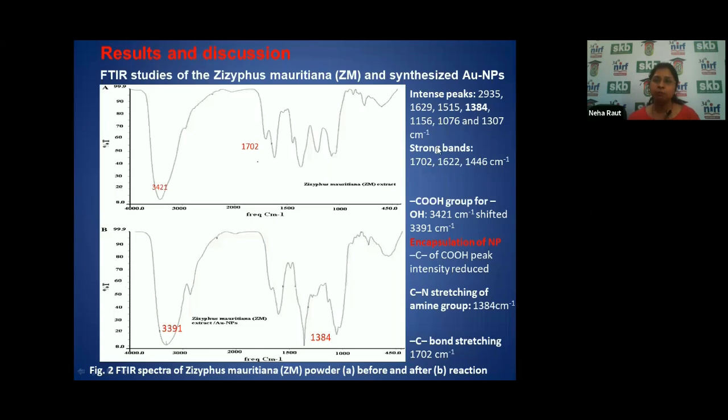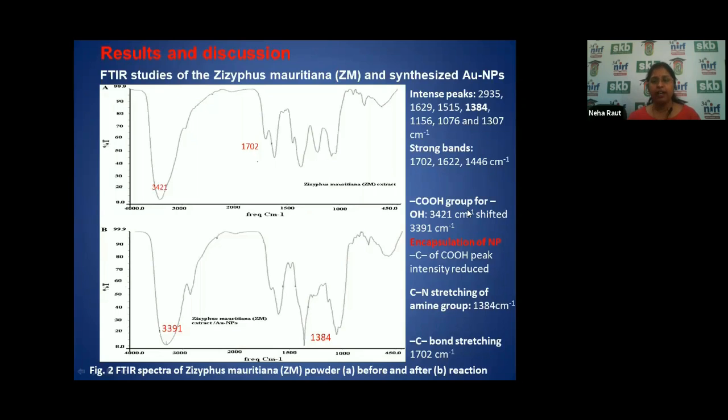These intense peaks are associated with the functional groups available in the Ziziphus mauritiana gold nanoparticle. So it indicates it retains all the functional groups. So it will give the same activity as, or might be an additional one to, the raw material and the gold nanoparticle.